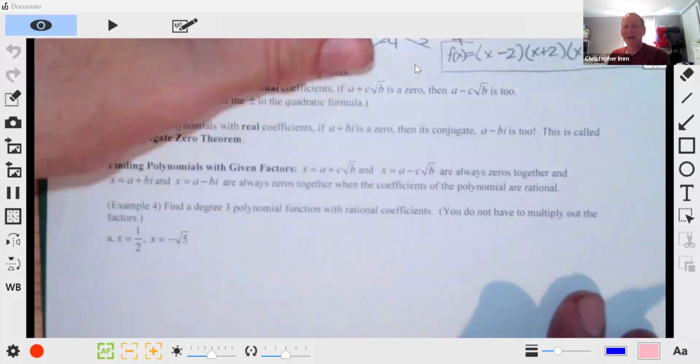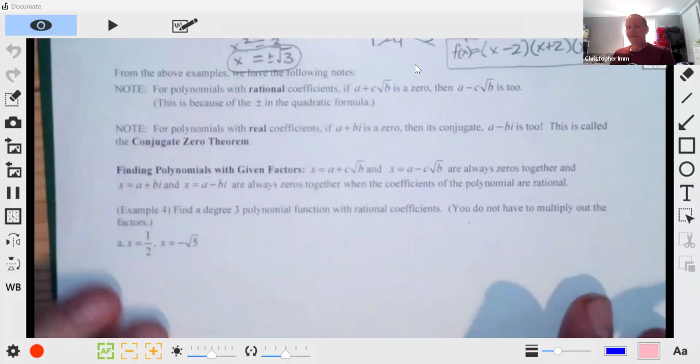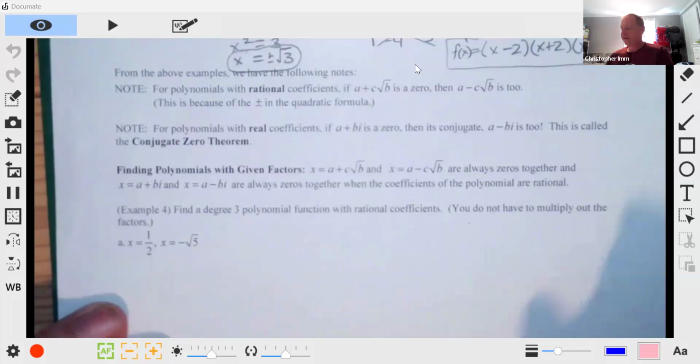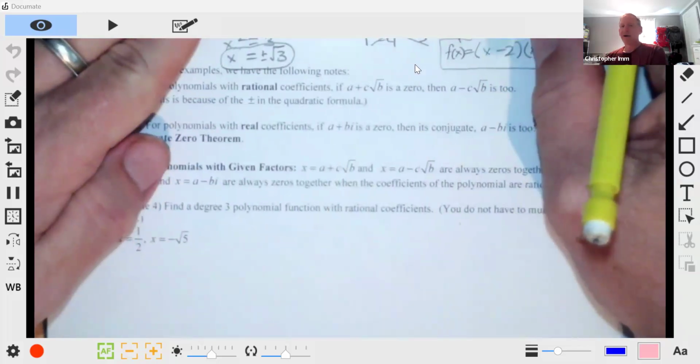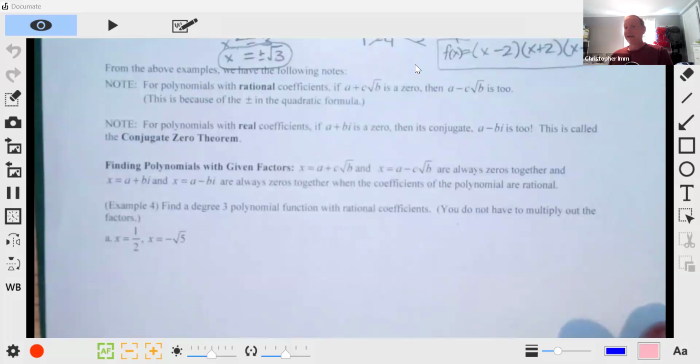All right, I'm back. What we've seen from our examples above gives us a blueprint for some theorems that we get. They're called corollaries. They're basically results from these theorems.